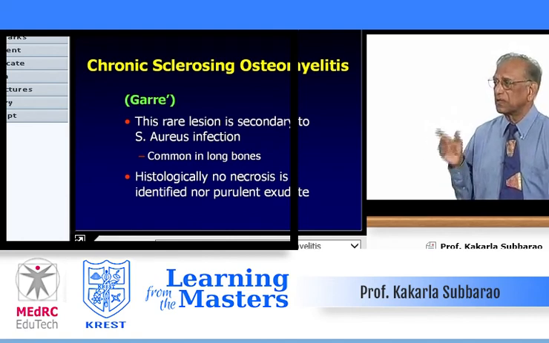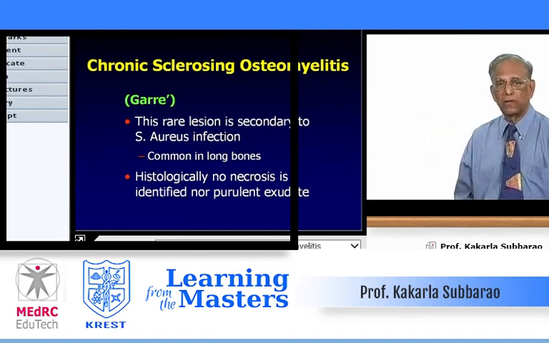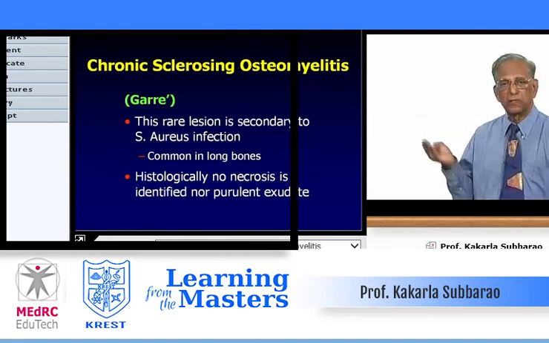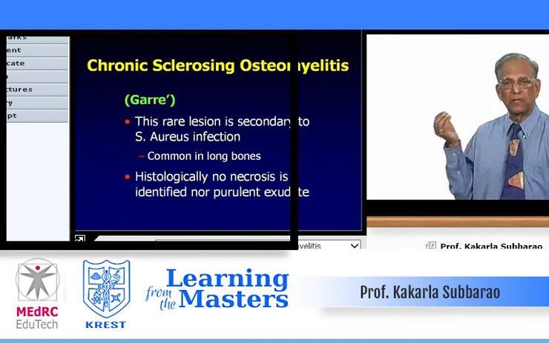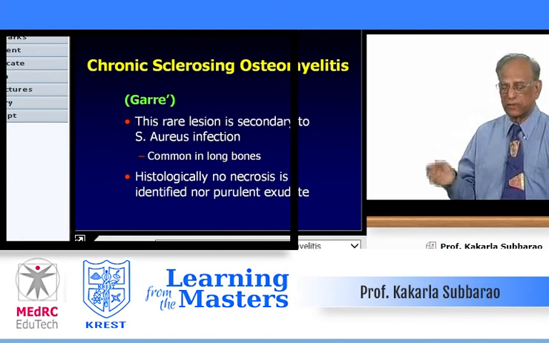This rare lesion is secondary to Staphylococcus aureus generally. Common in long bones, but occasionally you can see it in flat bones also. Histologically, there is no necrosis or pus, purulent exudate, you don't see, because it is all absorbed into a granulomatous tissue and then reactive bone formation.